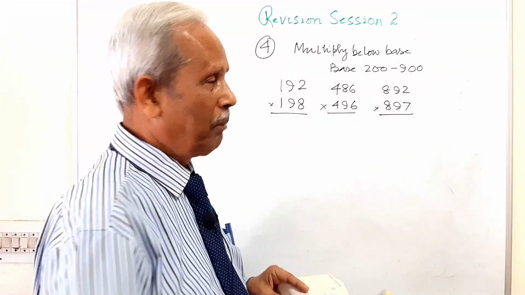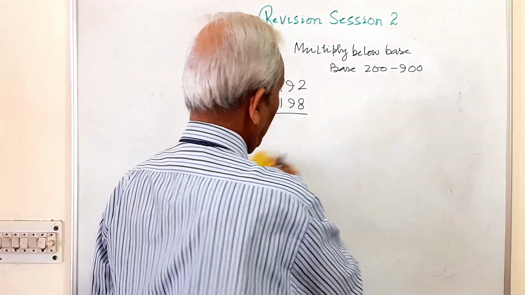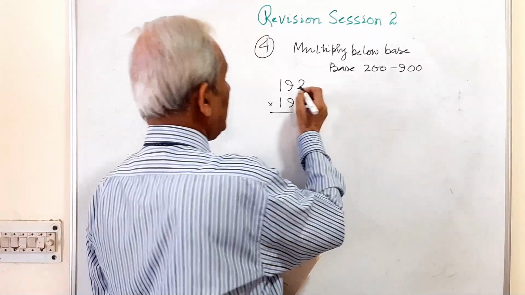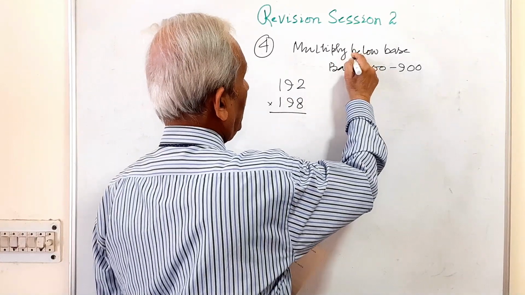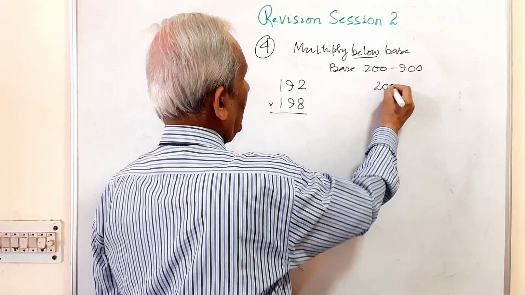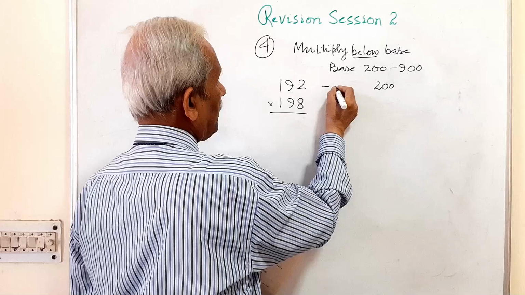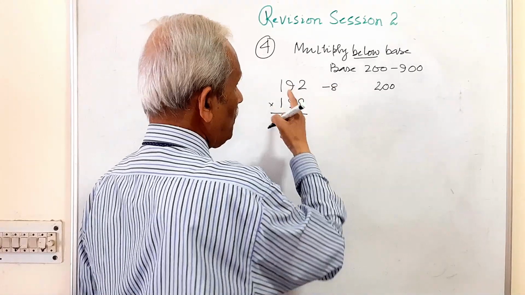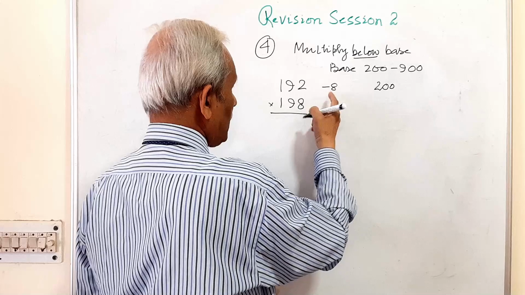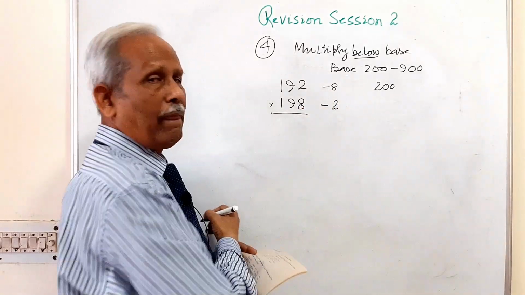I hope by now you have completed it, and let me try the first one. Here, since we are talking about below base, the base is 200. The number minus the base is minus 8, as I told you, it should be number minus the base. 192 minus 200 is minus 8. 198 minus 200 is minus 2.